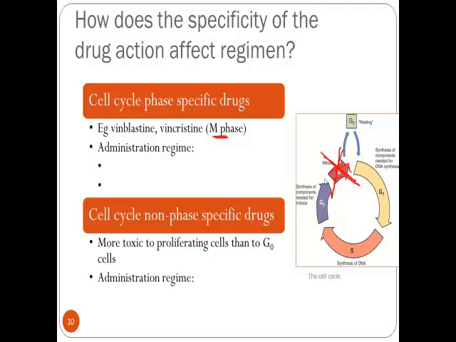Okay, so what happens here is if you give drugs that are cell cycle phase specific, you either have to give it for a prolonged period of time, so prolonged infusion, or you give the patient multiple small doses at short intervals.